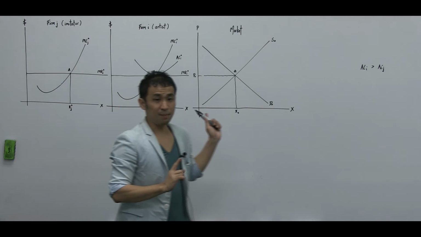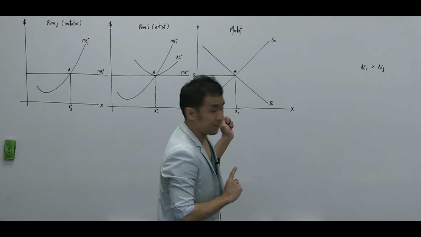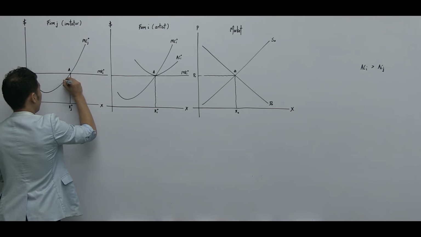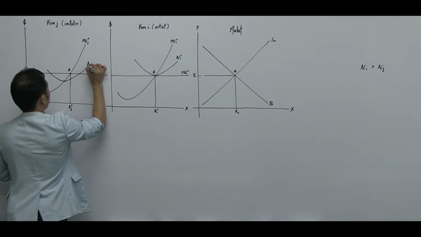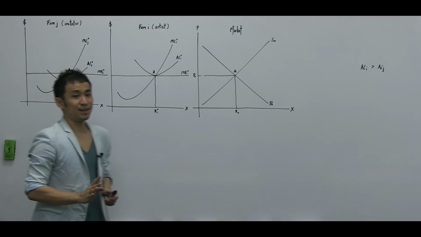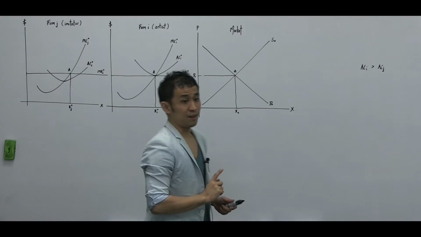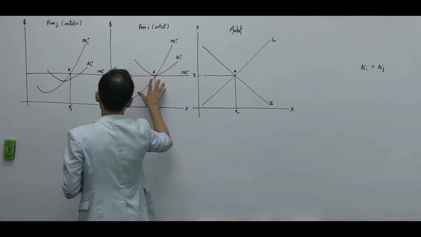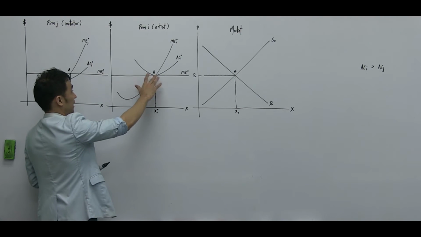And when the imitator comes in, they are making positive profit because they are happy, because they have a cost advantage. So when you see artist is originally in the market, I let it be zero profit.